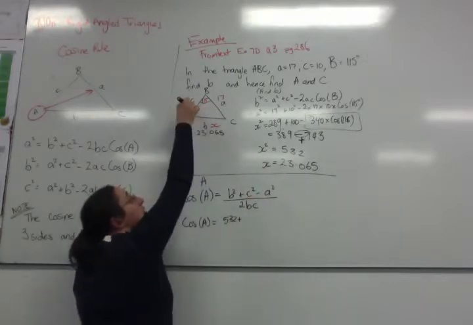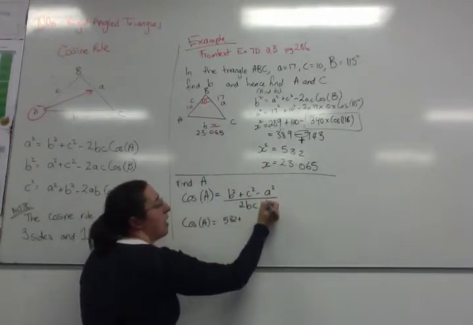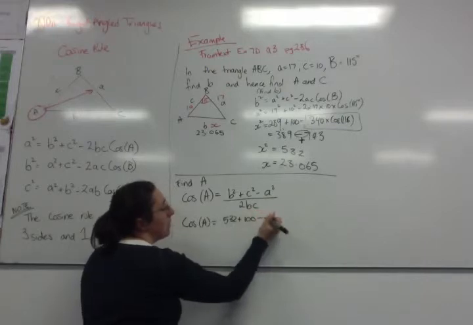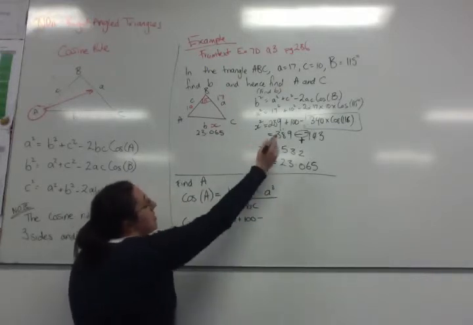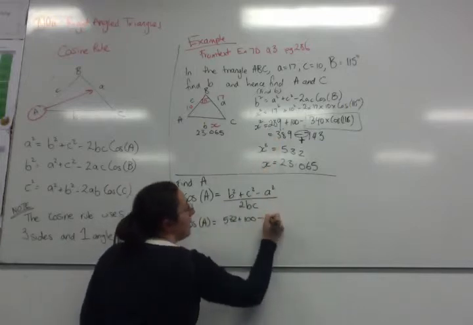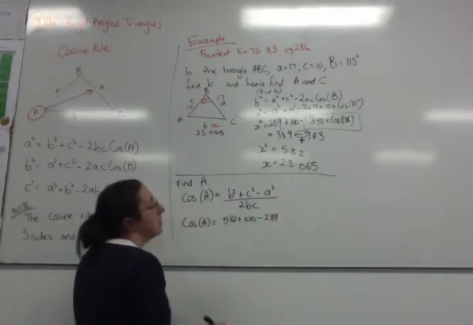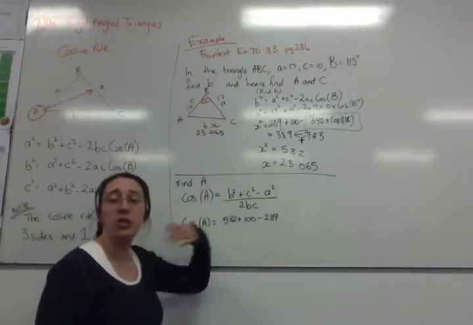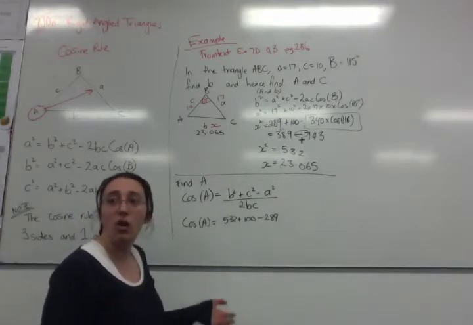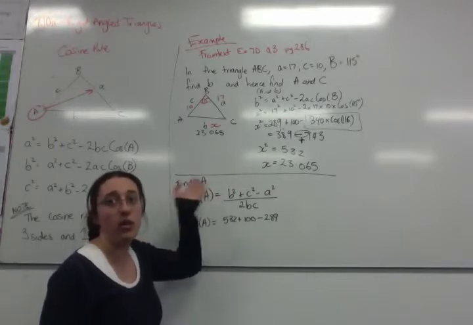Now C squared is 10 squared, which is 100, minus A squared. A is 17, and 17 squared we know is 289. So what I'm doing is just using information that I've already got, rather than pulling out a calculator and working anything out, to skip a step.